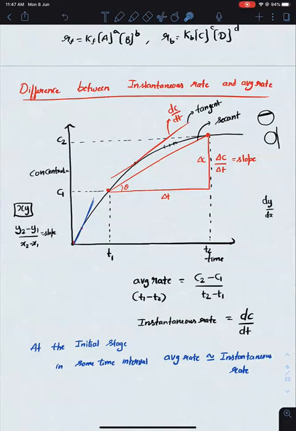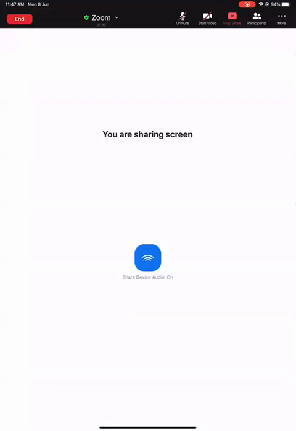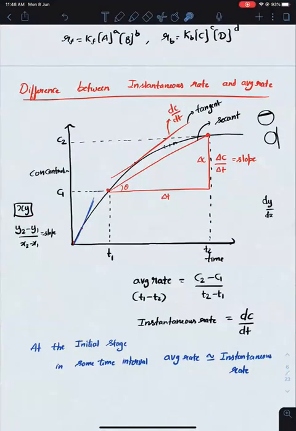So if you are taking the start of the reaction in a given small interval of time, and you look at the slopes, the slope of the secant will be almost equal to the slope of the tangent.